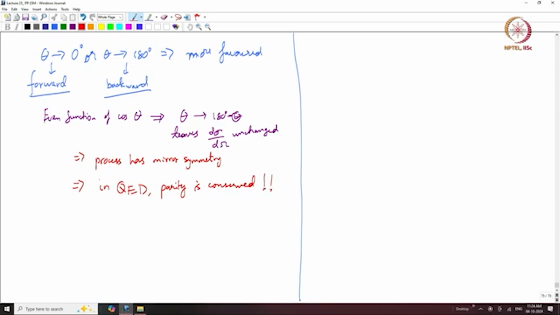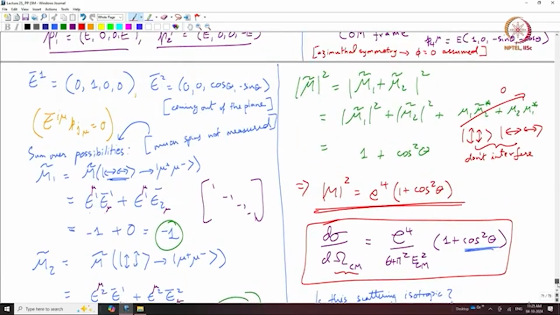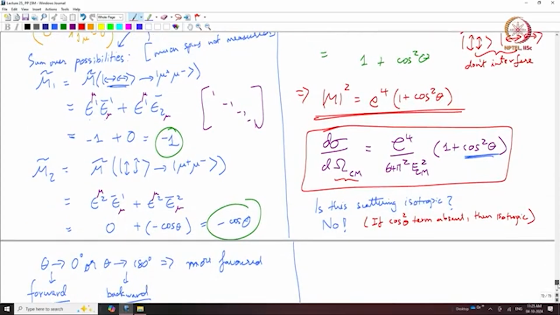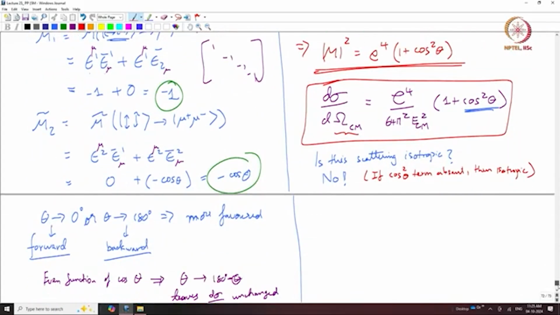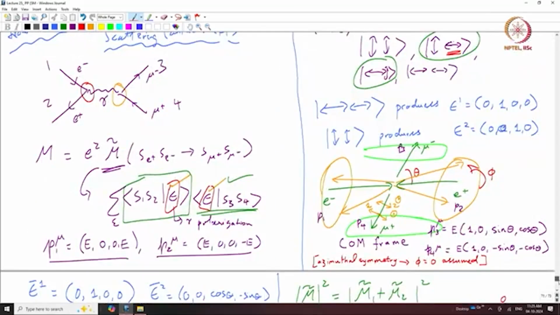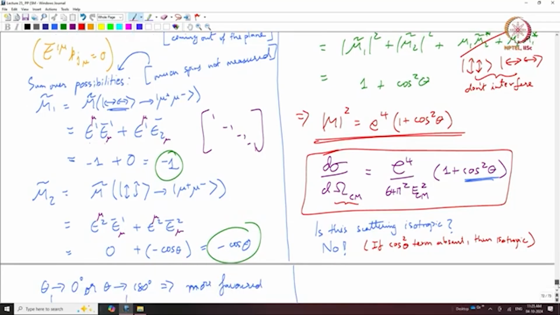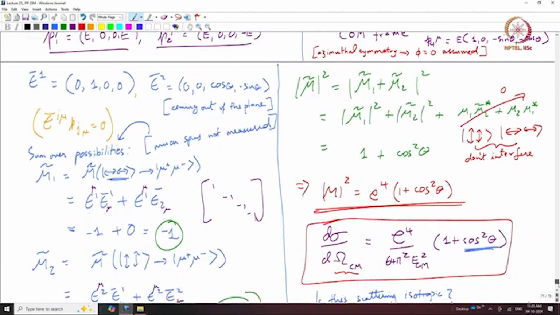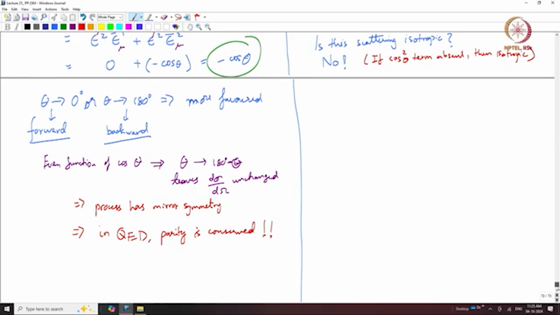Even from Maxwell's equations, we saw that electromagnetism conserves parity, and we are finally seeing it in a particle physics collision process also. So the fact that it's an even function of cos theta, and the fact that we put in only the photon, all of them are actually consistent with each other. Because if you have only the photon, this is a QED process, and so better to have parity conserved in the process, and that is what we are seeing.